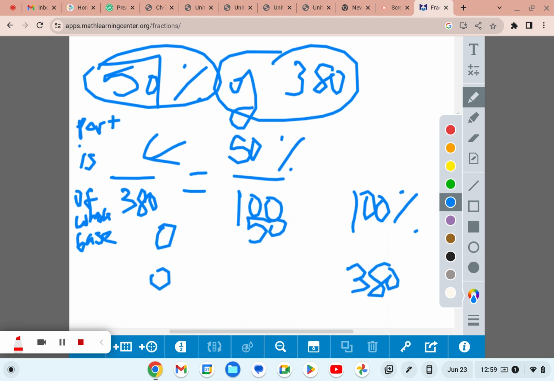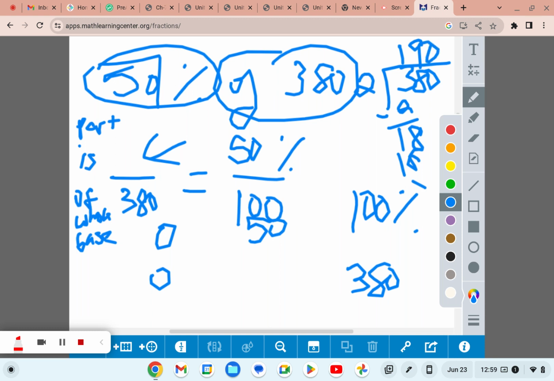If you said it'll be half of 380, you're correct. So all I really have to do is divide 380 by 2. And if I do that, then I'll have my answer. I'm doing long division here because I know y'all like that. So 50% of 380 is 190.